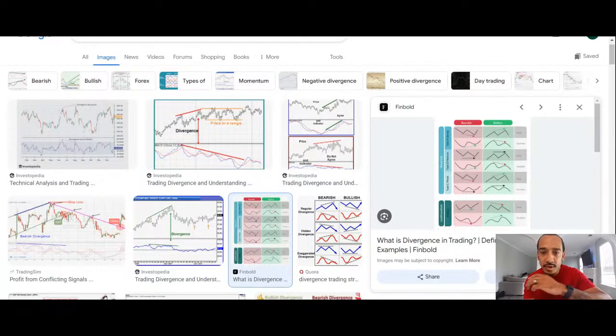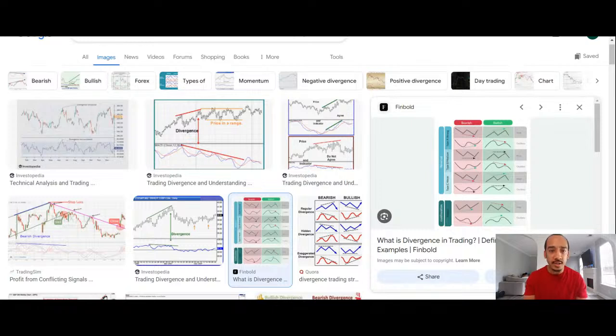A divergence is when the stock could be making lower lows when the indicator is making higher highs, or whatever the case is, but it's basically the stock moving in a different direction than the indicator. If the indicator is making lower lows and the stock is making higher lows, or the stock is making lower lows and the indicator is making higher highs, that is a divergence. On a swing trade, you want to look at the daily chart. That's the best chart to look for your divergence.